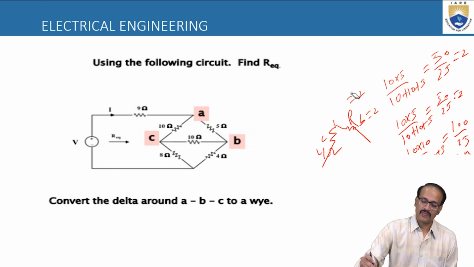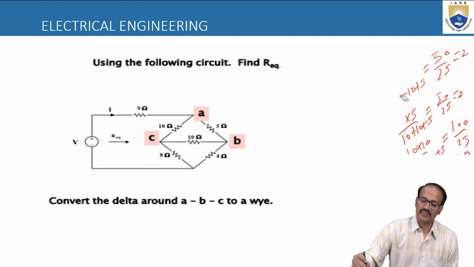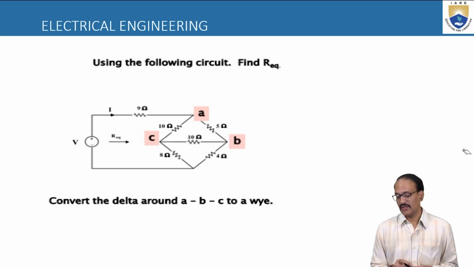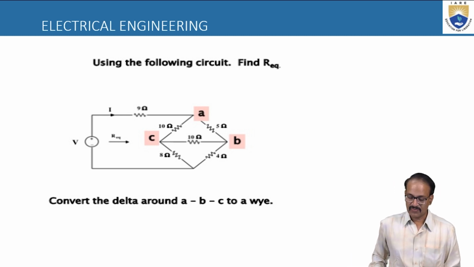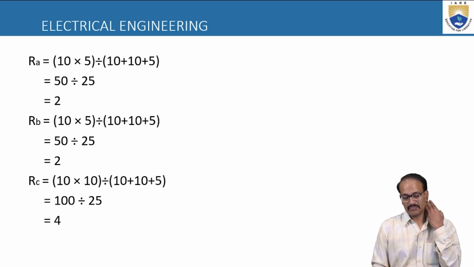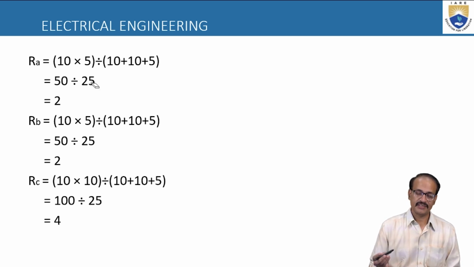Okay, so I have simplified it by using the formulas delta to star. Similarly, we can find for star to delta. But here, for this circuit direction, we needed to convert this delta into star. So the same thing.